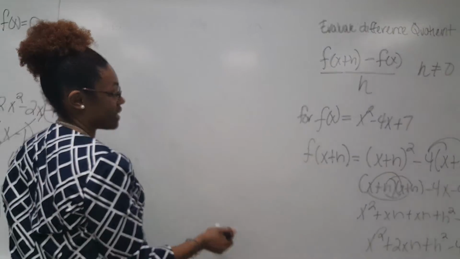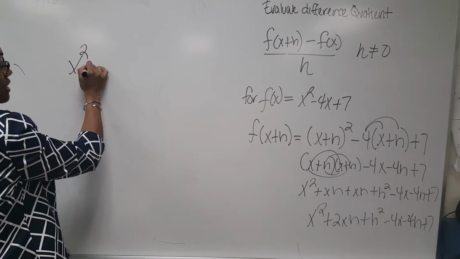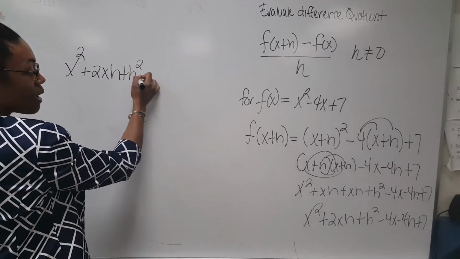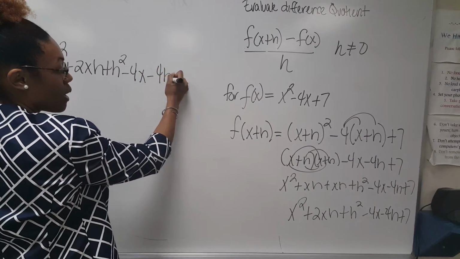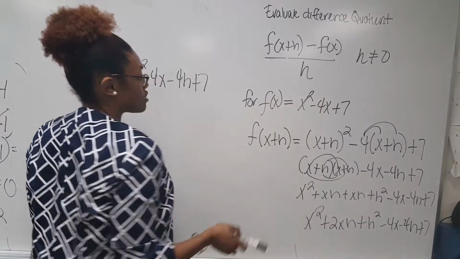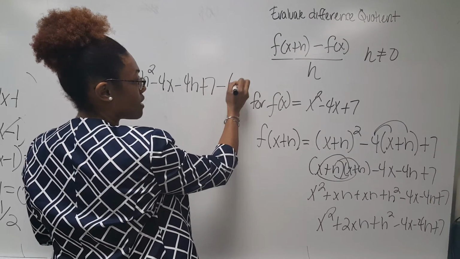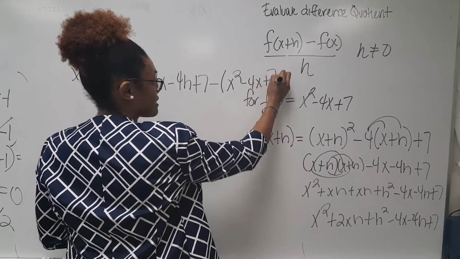So this will now be, if I plug this in, x squared plus 2xh plus h squared minus 4x minus 4h plus 7 minus my f of x. So if I'm subtracting my f of x, that'll be minus x squared minus 4x plus 7, right?